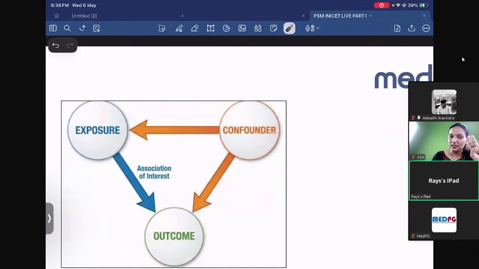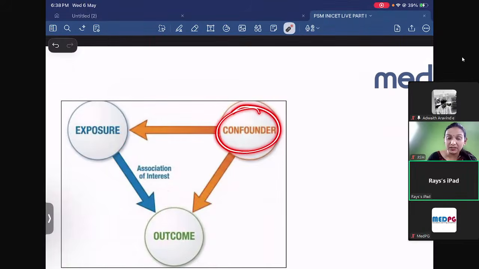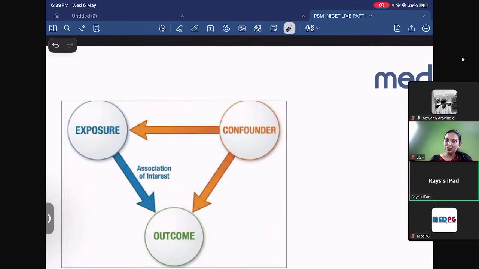The third criterion is that the confounder should not come in the causal pathway. This is the causal pathway between your exposure and your outcome, right? So the confounder, the third variable, should not come in this particular pathway. It is outside. So these three criteria are needed to say that our variable is a confounder.